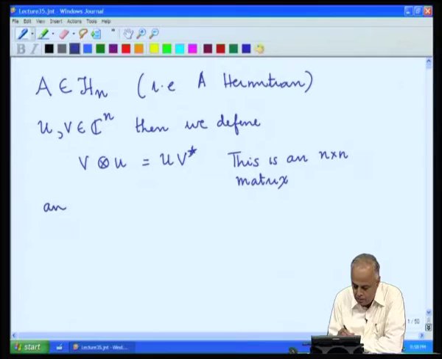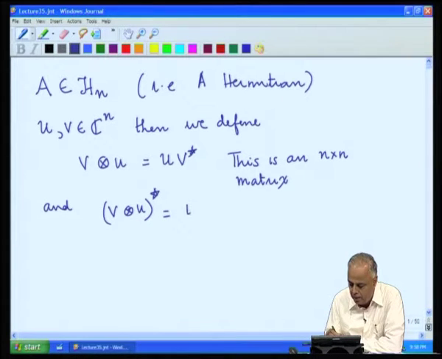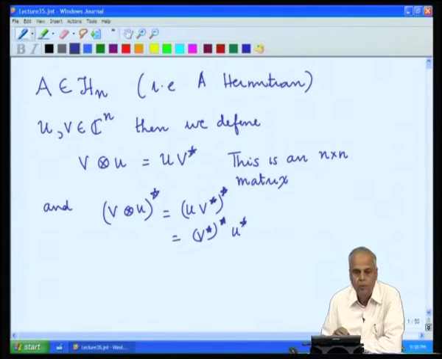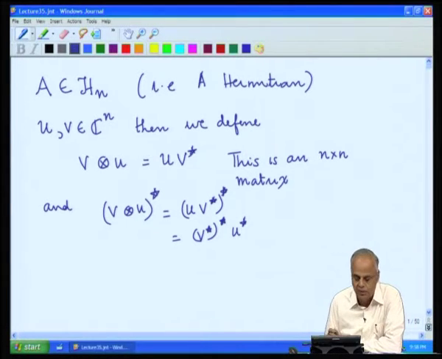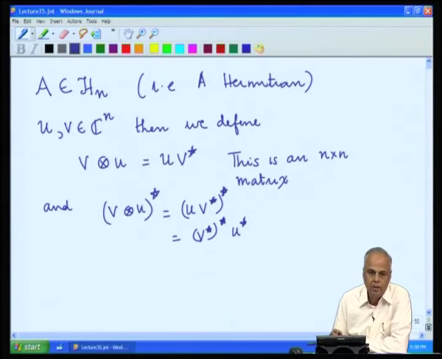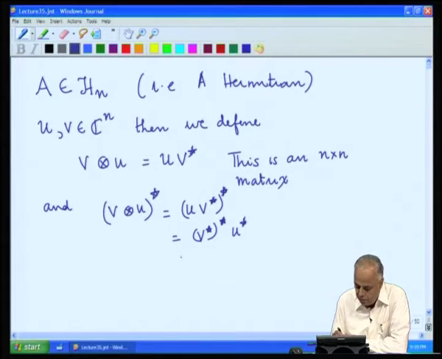If we now look at its Hermitian conjugate, it is (U V star) star, which is V star star into U star. When you take the Hermitian conjugate of a product, the products come in the reverse order, but V star star is V. So, it is V U star.